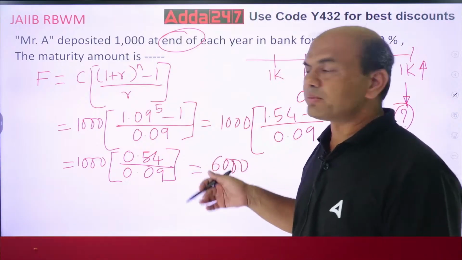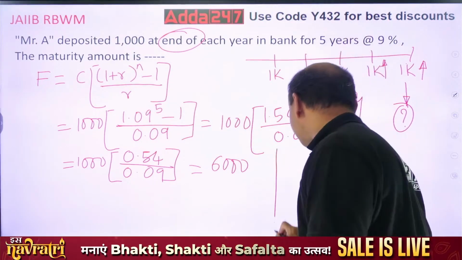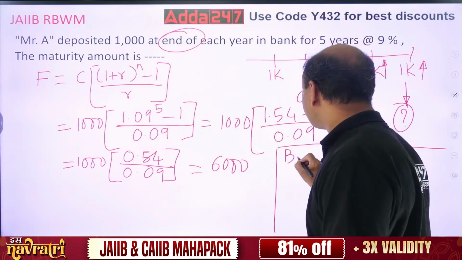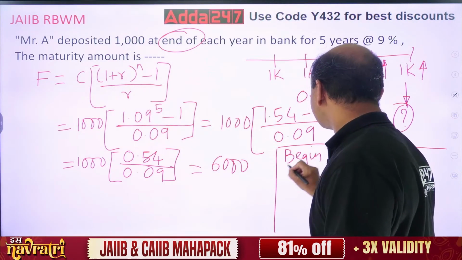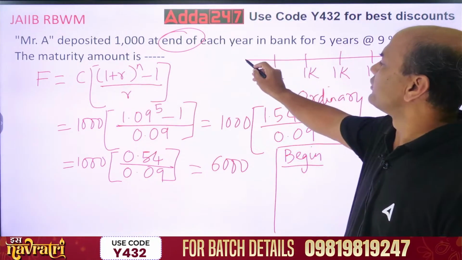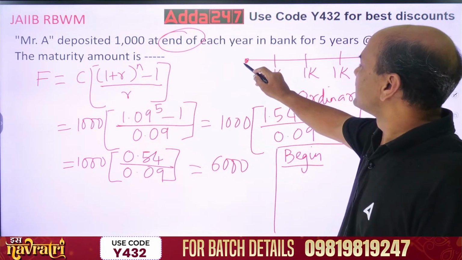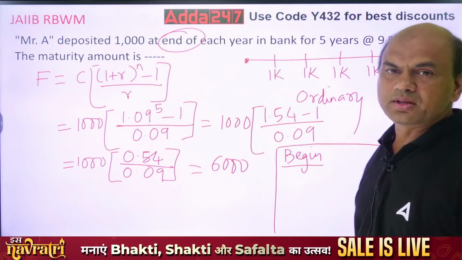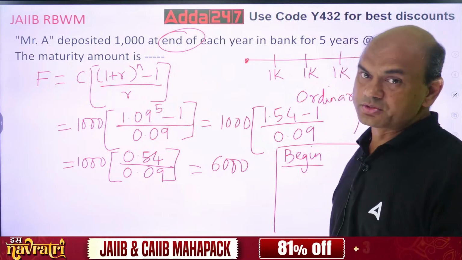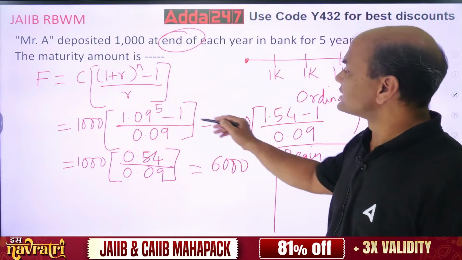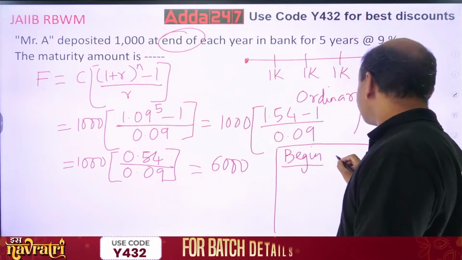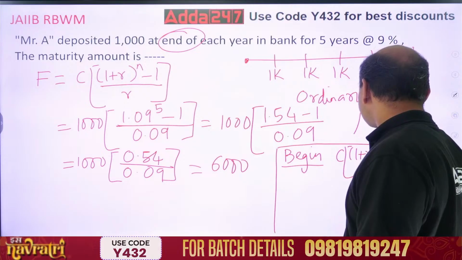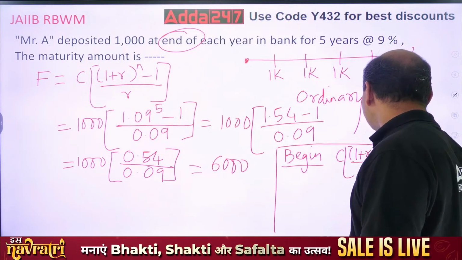If they give it at the beginning, beginning means the investment is from year zero, first year, second year, and the last will be over here. So in this case, what do you do? Now this you should solve. Use the same formula. So I'll write the same formula, C into (1 plus R raised to n minus 1) the whole upon R.